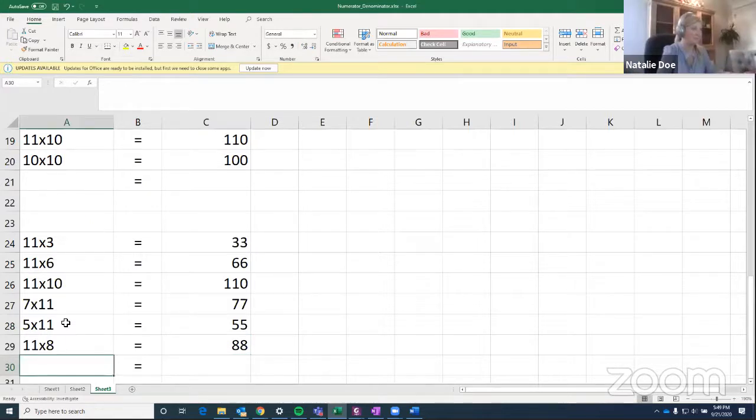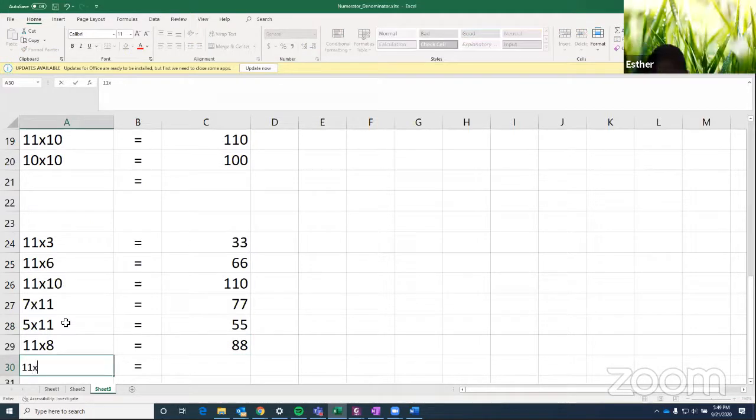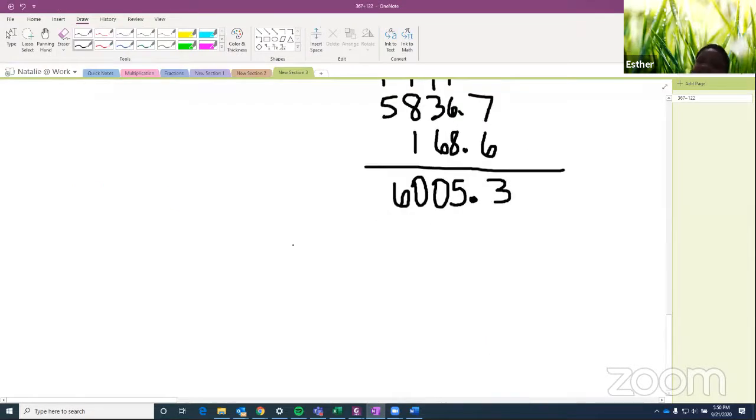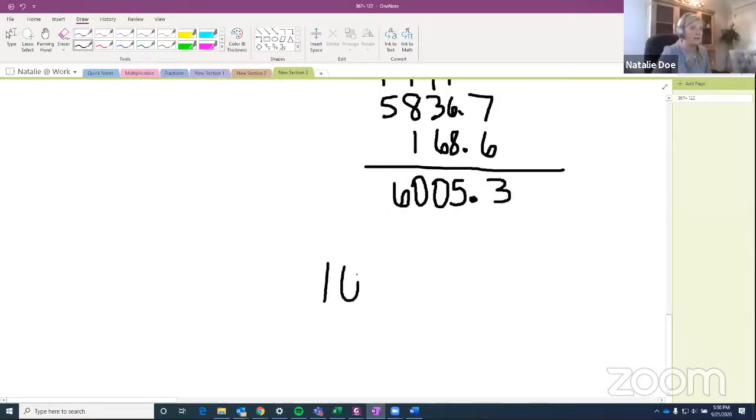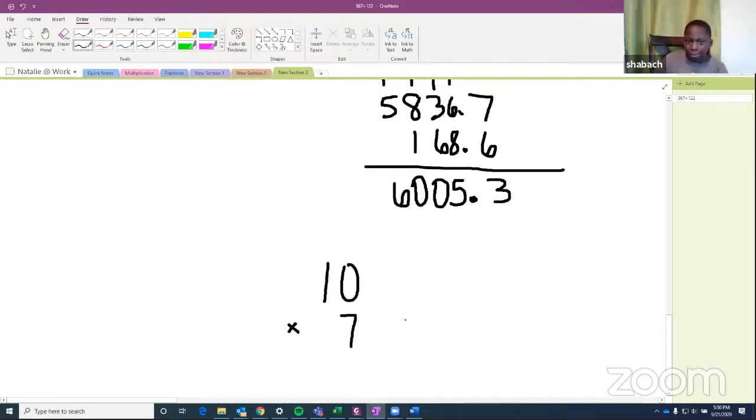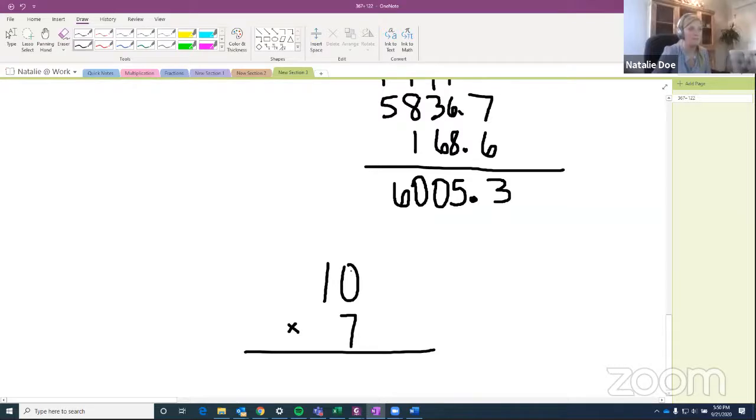I have a question. Yeah. When you multiply 1 times 0, is it going to be 0 or it's going to be 1? Oh, it's going to be 0. Yeah, so let's think about it. So if we're multiplying 10 times 7, we've got 7 times 0, so we've got 0 in the ones place.